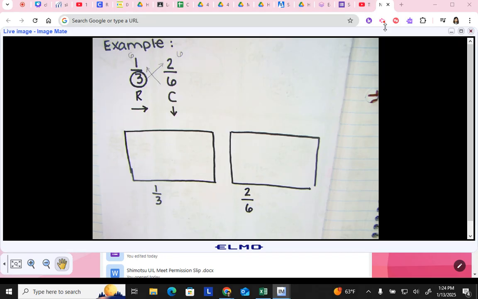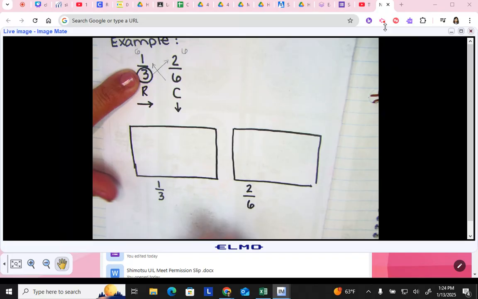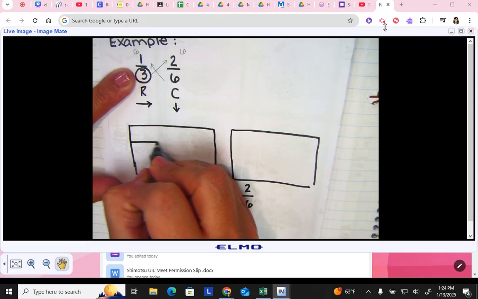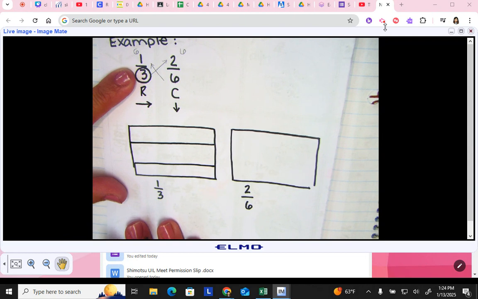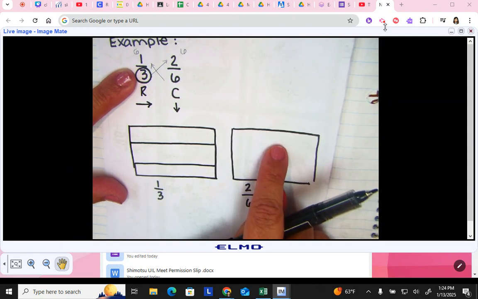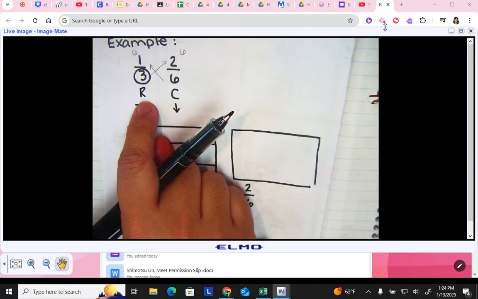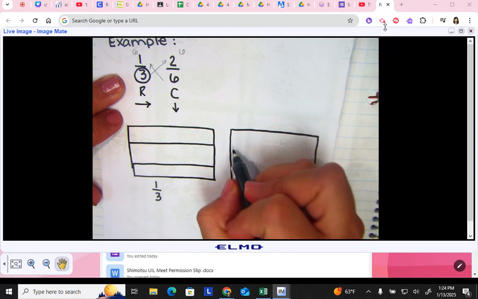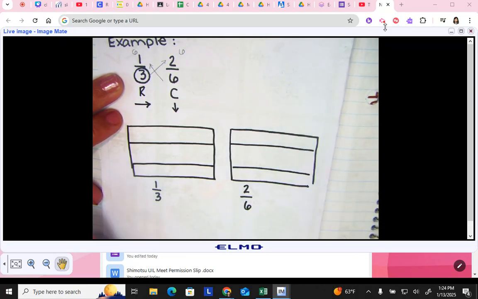The denominator tells the total of the parts. So my denominator tells me how many total rows I should have. So I should have 1, 2, 3 rows. And I'm still going to do 3 rows on this second one. The first fraction dictates my rows for both.